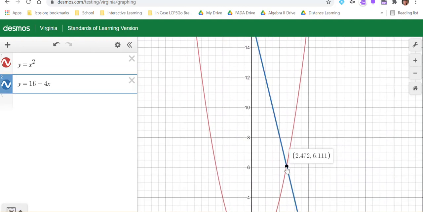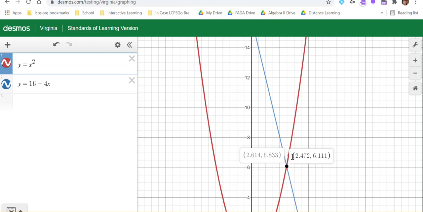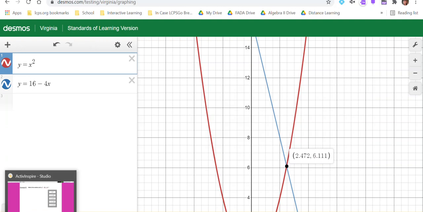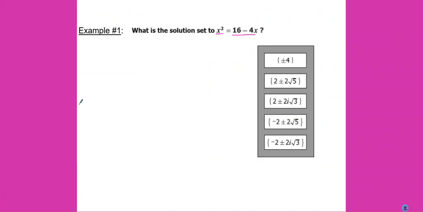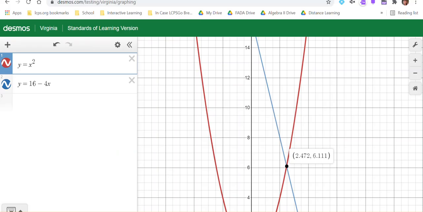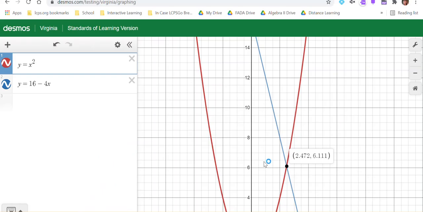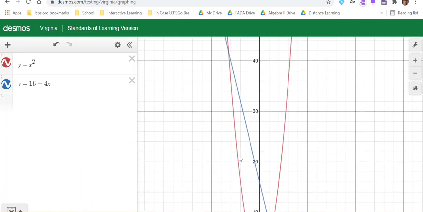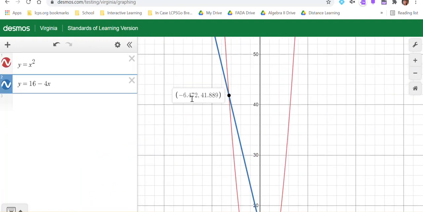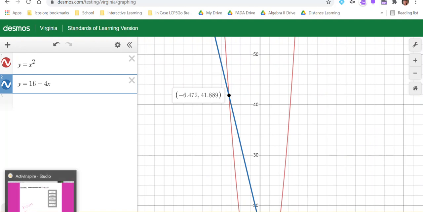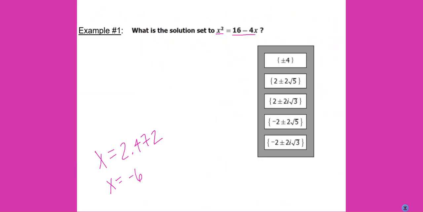So there's the decimal where it intersects, so I'm going to write that down. And there's got to be a second one somewhere, so I'm going to continue to zoom out. Up here. And that x value is negative 6.4272.